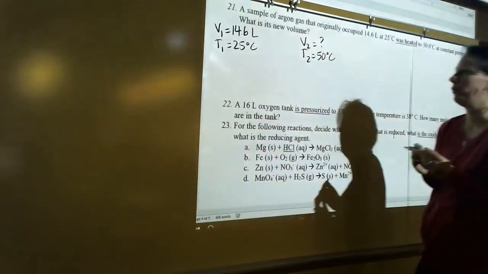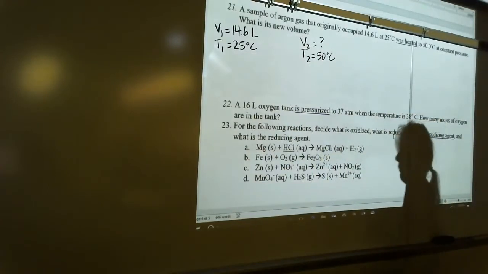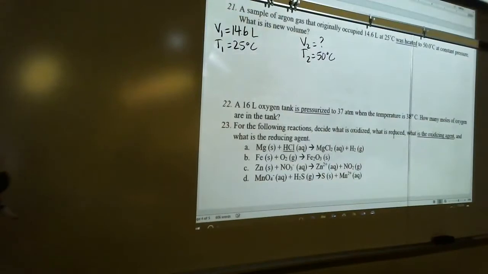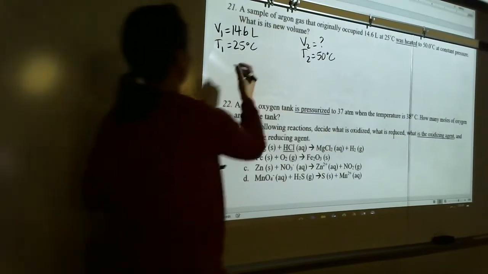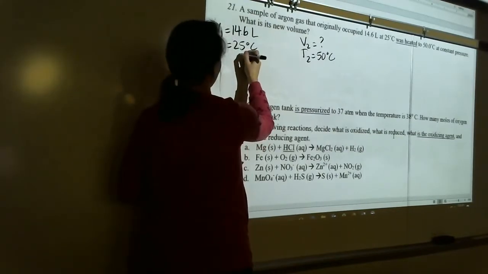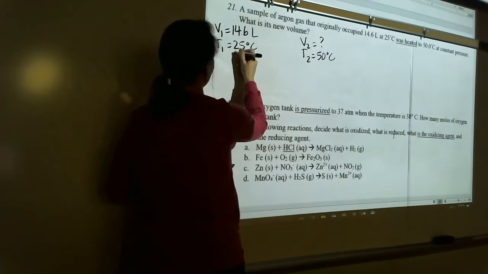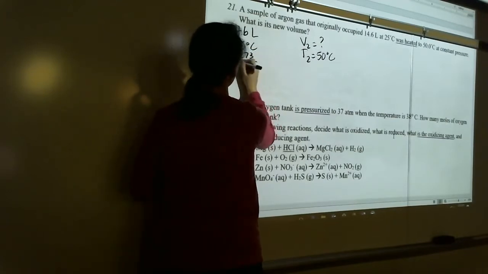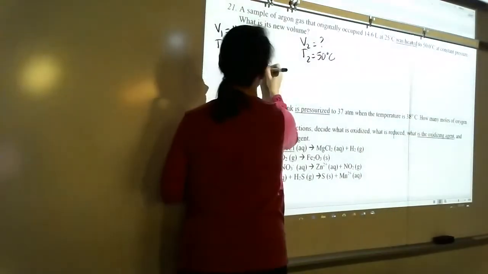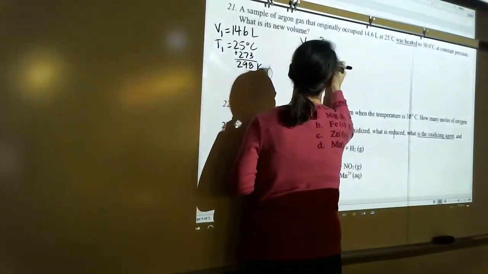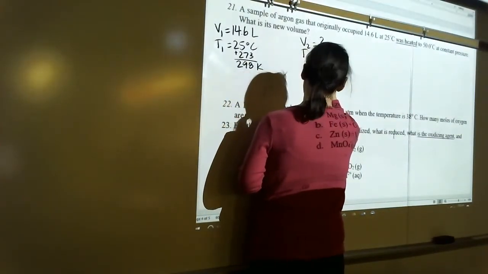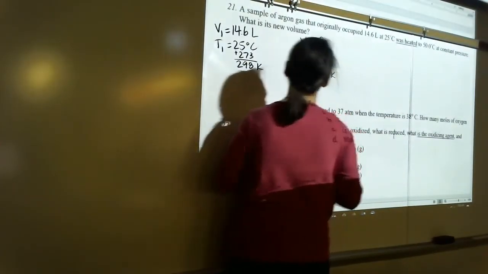Okay, we have to do a conversion. Convert what to what? Celsius to Kelvin, right? So what do we have to do? Add 273, right? So this is 298 Kelvin, and this is 323 Kelvin.